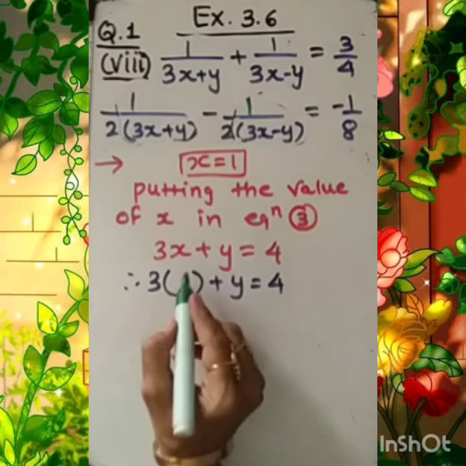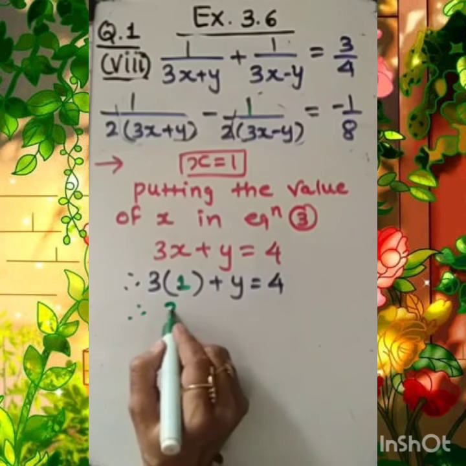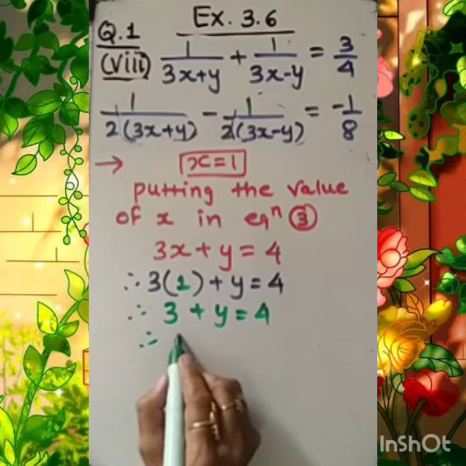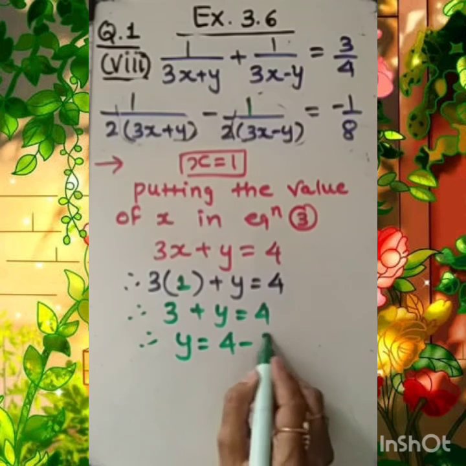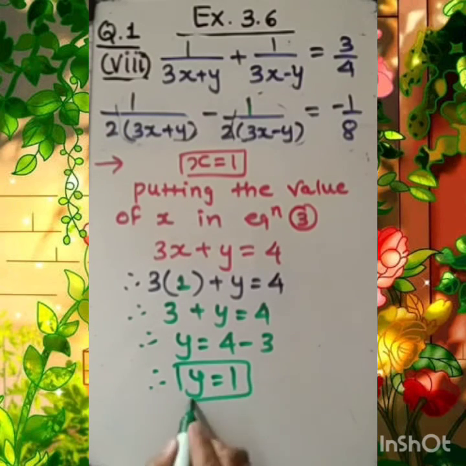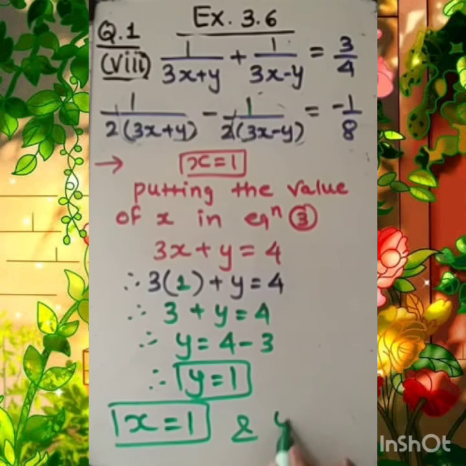So 3 ones are 3 plus y equal to 4. Therefore, y equal to 4 minus 3. So, the final answer I need to say is x equal to 1 and y equal to 1. You can see the sum is quite lengthy, but damn sure you will find it easy.